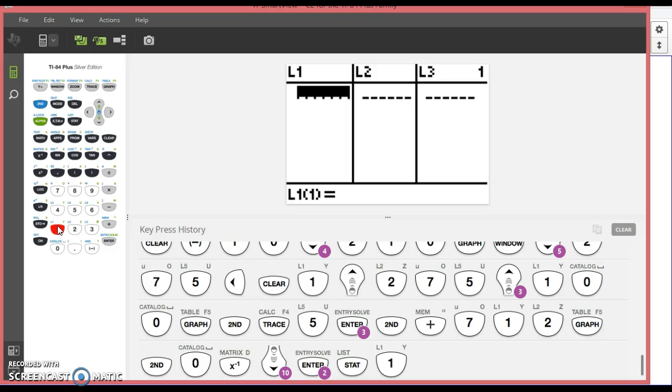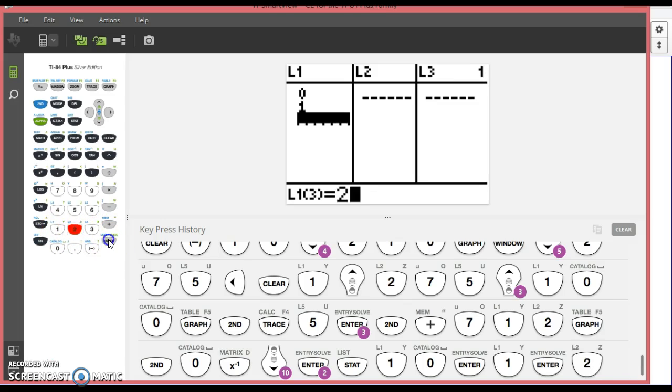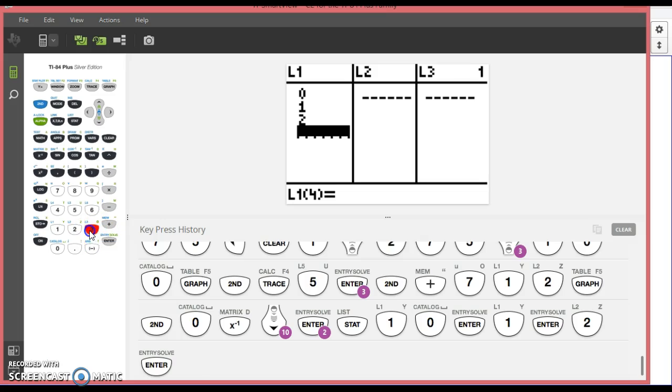The values in number 19 are going to be 0, enter, 1, enter, 2, enter, and 3, enter. All I'm doing right now is entering the values from number 19. Now I'm going to use my over arrow to enter the matching Y values.